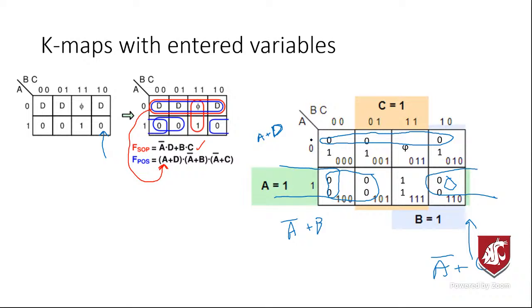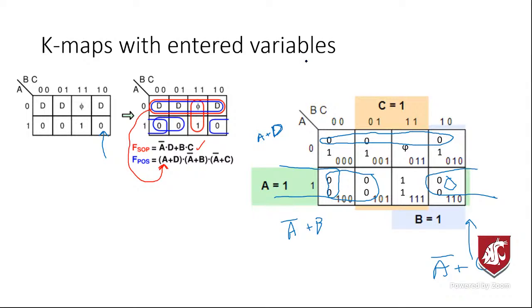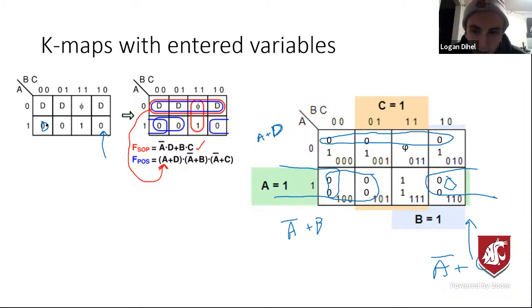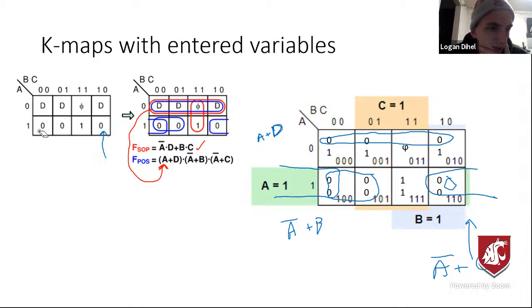Got it. Makes sense. Quick question. So at the 110, if we had a D there, how would you loop that? Oh, so this is the D right here? No, sorry, 110, my bad. Let's see. Erase it. So 1 1 0, in this very bottom one.